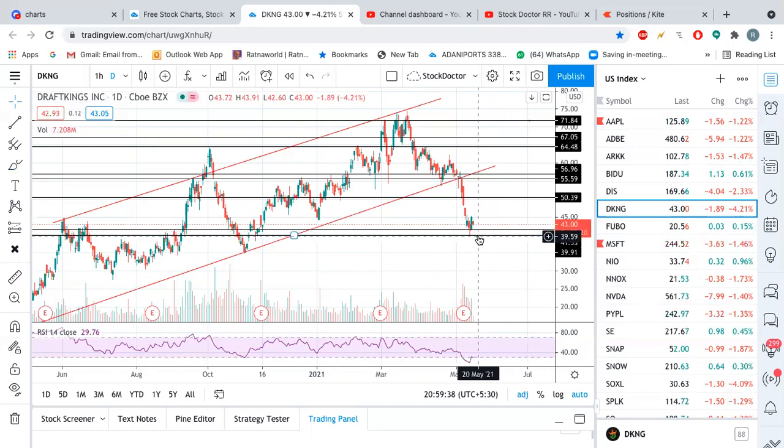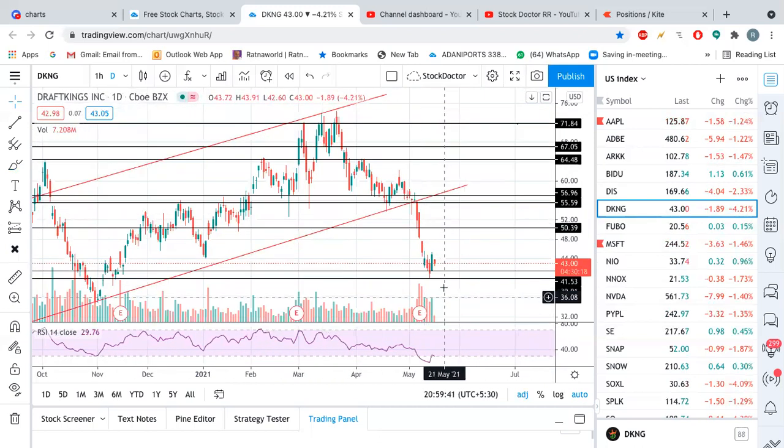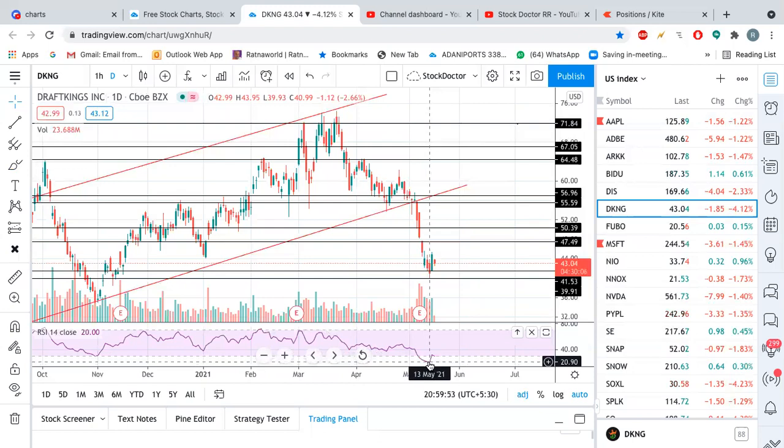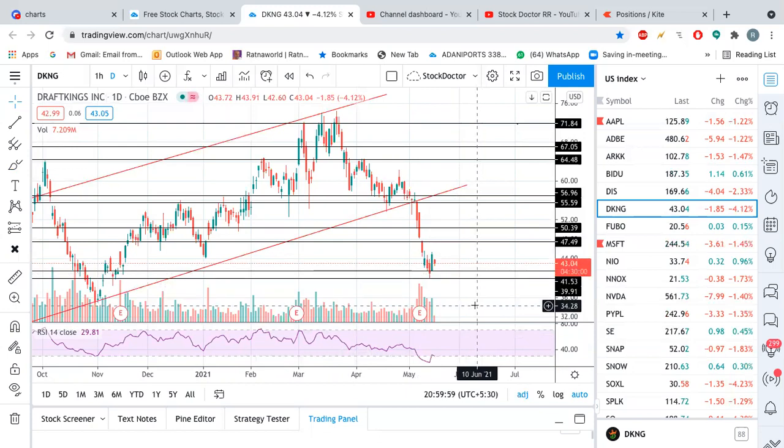It is trying to go towards its first resistance of 47.50, and then 50 levels. RSI was oversold, and it is trying to pick up. So this should give a technical bounce towards 47.50.